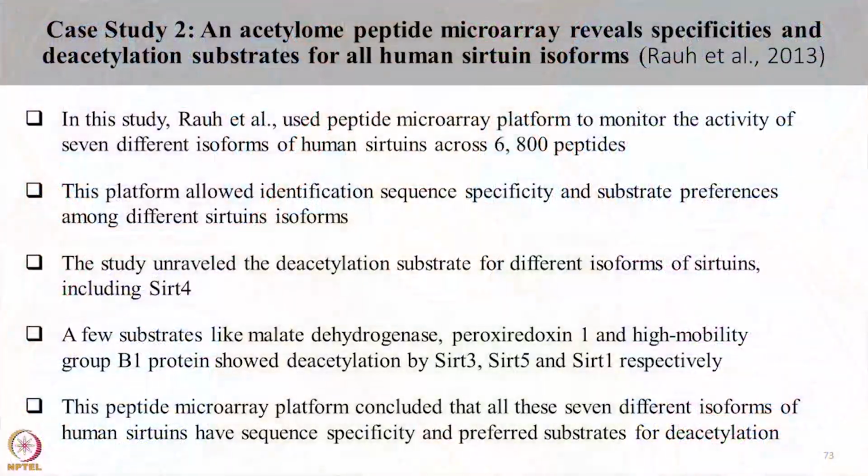To conclude, this study has used a microarray platform to parallelly screen around 6,000 peptides for 7 different isoforms of sirtuin. Using this platform, the authors were able to identify the sequence specificity for different isoforms of sirtuins. They also identified a substrate for sirtuin 4, which is NADP transhydrogenase stress 70 protein.